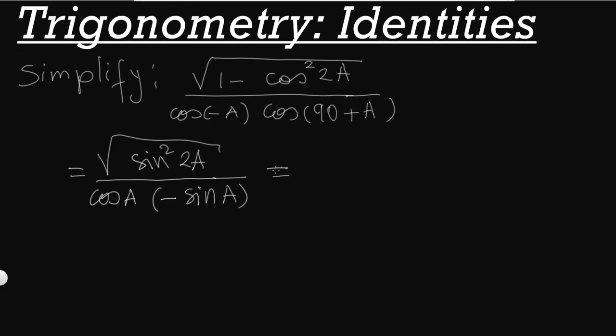Alright. Now, what will happen here? If you have a square root of A squared, you cancel this, the answer will be A. So when you cancel this, we get sine 2A.